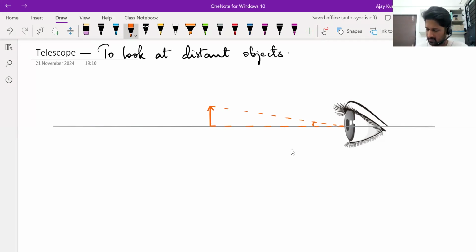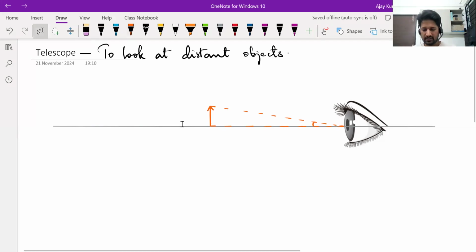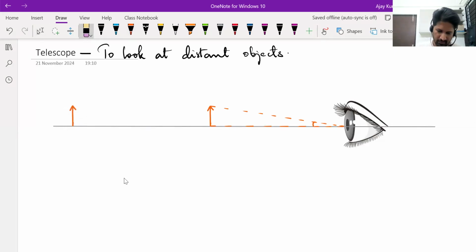Now, this same object, if it is taken farther from you, somewhere here, and now you draw lines connecting the upper end and the lower end to your eye. The line connecting the lower end to your eye is the principal axis itself, as you can see. If you draw a line connecting the upper end, you get a line like this.